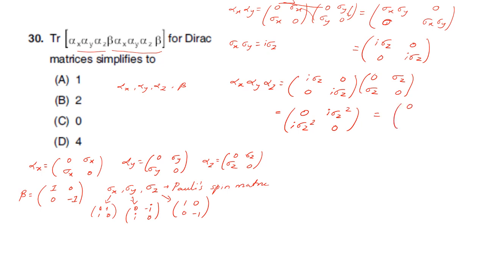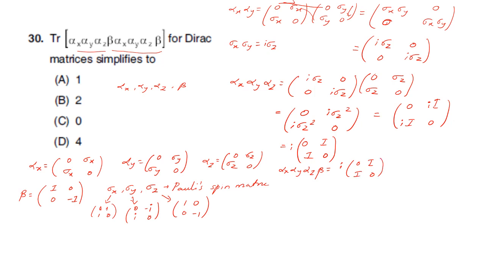Sigma z square is I, that is the capital I, identity matrix. So I is common, 0 I; I 0.